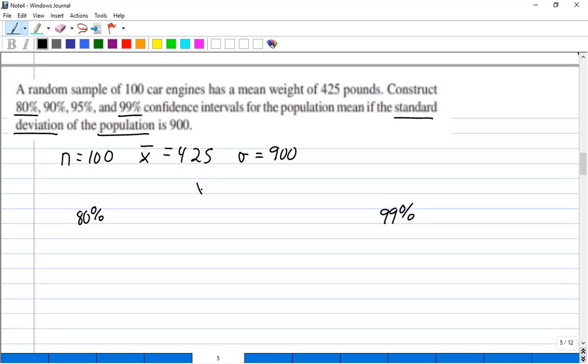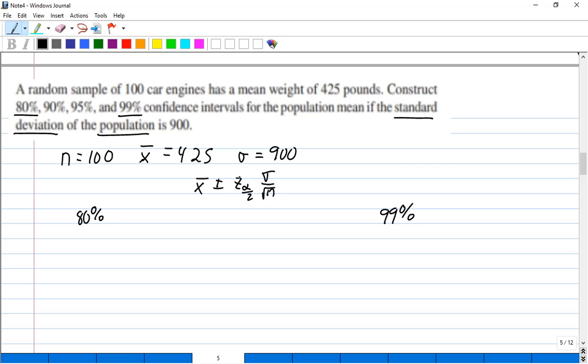Our formula was x bar plus or minus z sub alpha over 2 times sigma over the square root of n. All right, so that's what we're going to plug in.